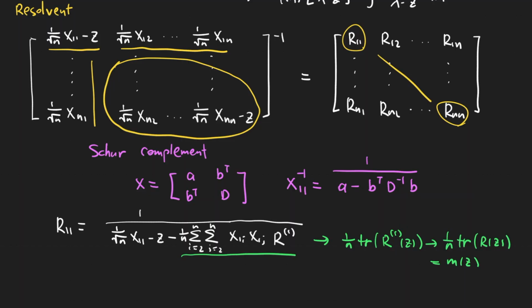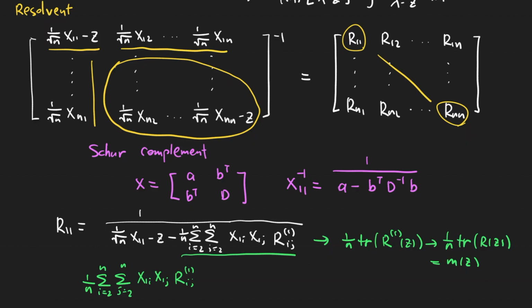Okay, but now let's do it a little bit carefully to see why this is the case. So you have 1 over n times the sum over i, and then the sum over j, of x1i x1j, and then we have R_ij. I need to add the subscript ij in here.